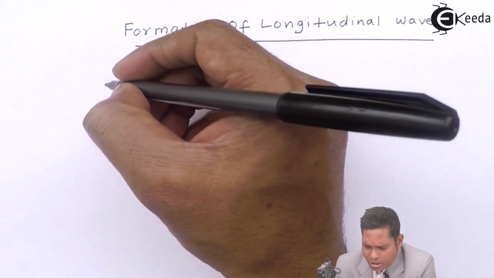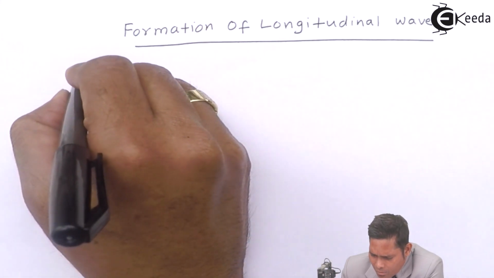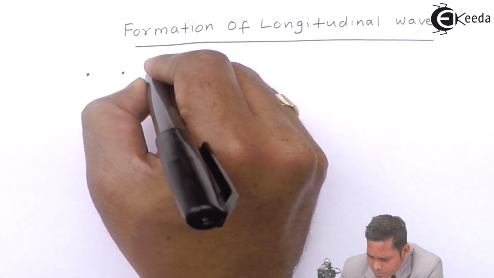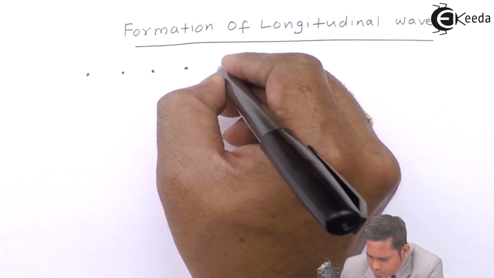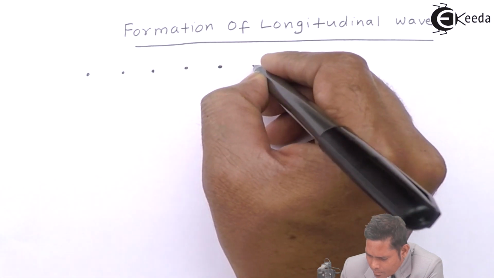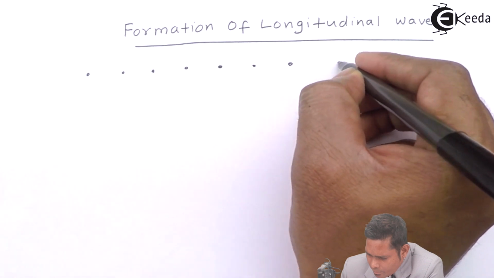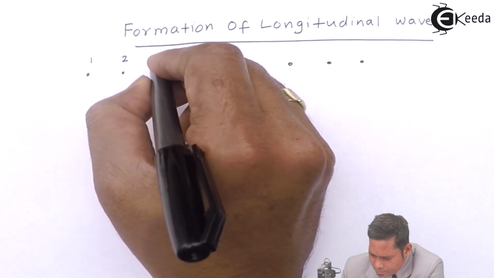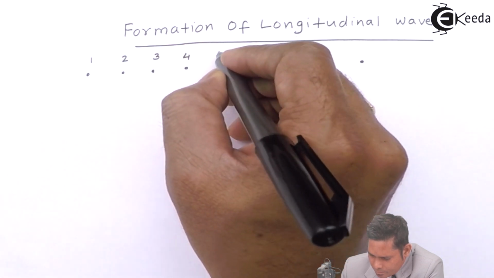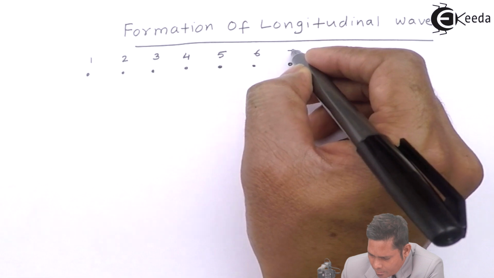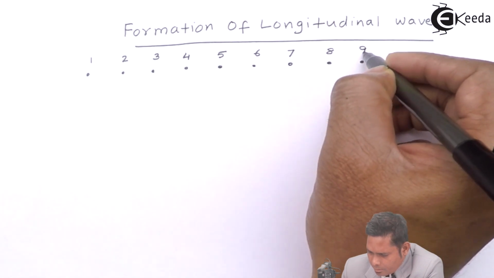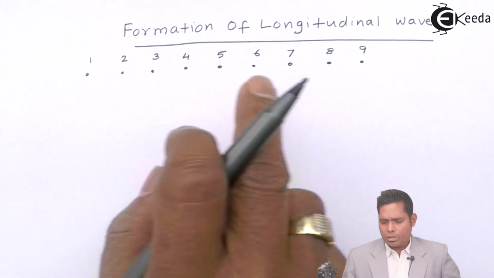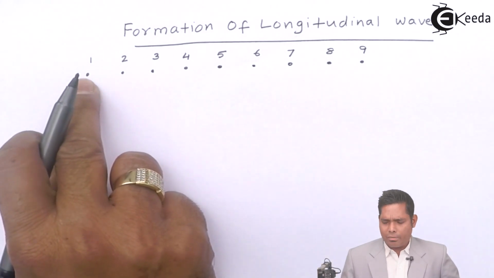So I'll consider the diagram like this: 1, 2... I have considered 9 particles. This is the first particle which receives the longitudinal wave.